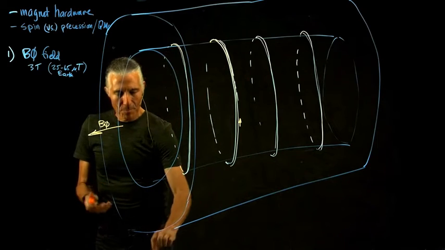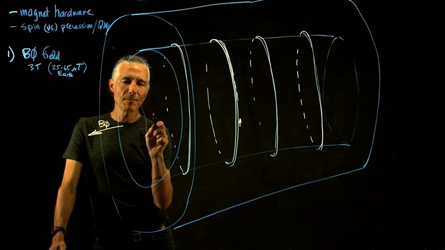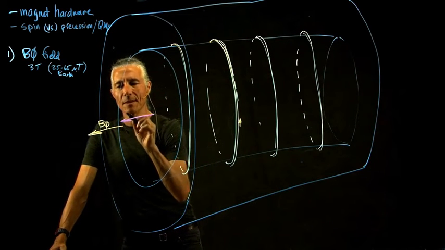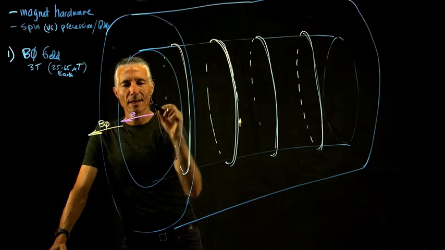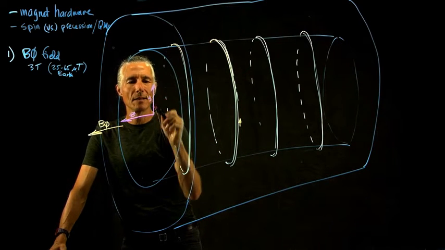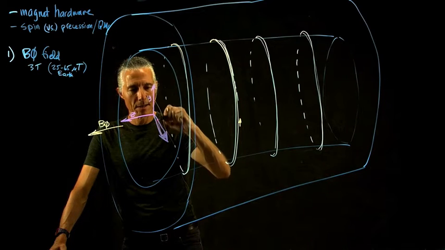So let's put up the coordinate system here. We have the z-axis coming out this way. That's normally called the z-axis, and then the y-axis going up that way, and then the x-axis sort of coming out at you. So x-axis is left-right.